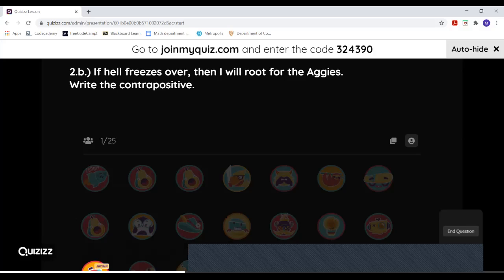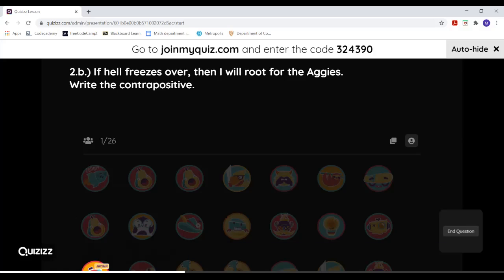I think this makes a little bit of sense, like it's something people would say, right? If hell freezes over, then I root for the Aggies. We know hell's never going to freeze over, which means you're never going to root for the Aggies. And so what's the opposite of that?